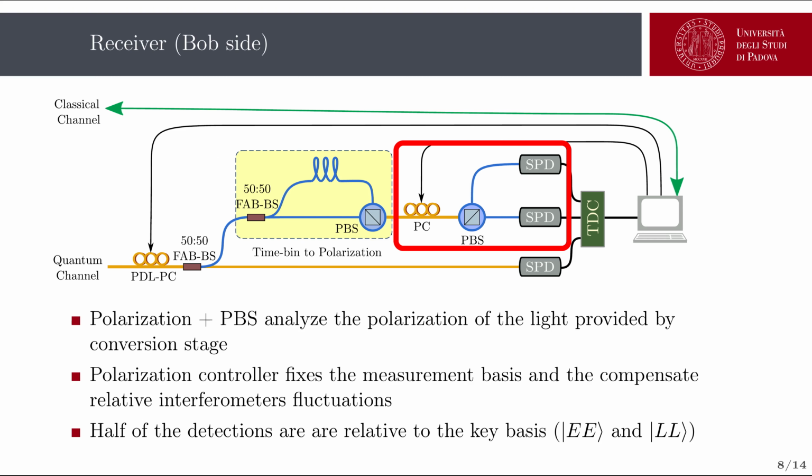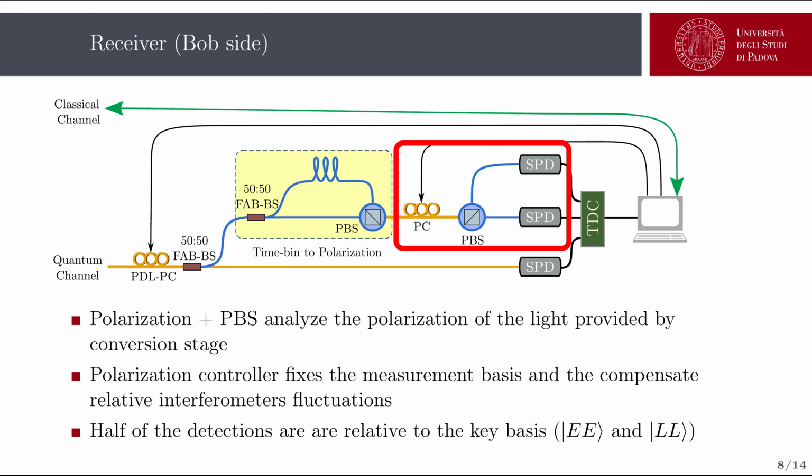The output of the conversion stage is measured by this combination of a fiber polarization controller and a polarization beam splitter that sends its output to two superconducting single photon detectors. Now, the polarization controller here has two roles.